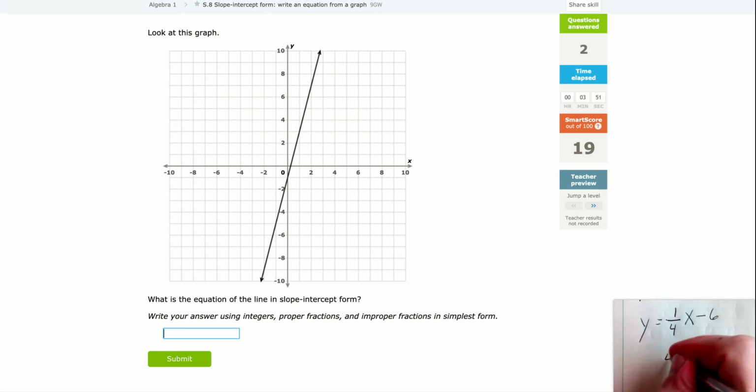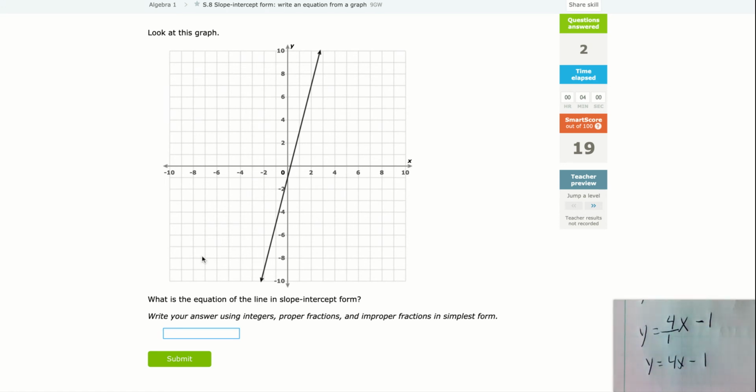You don't need to write 4 over 1, just write y equals 4x minus 1. Remember, you don't need to write a fraction if the denominator is a 1. 4x, whoops, don't forget the y equals. 4x minus 1.